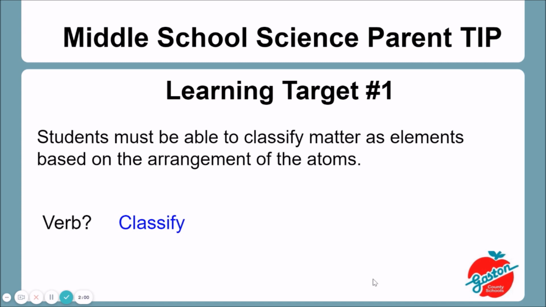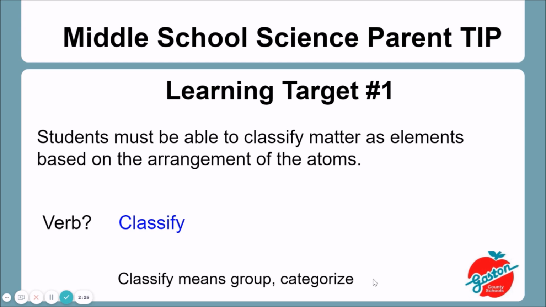What does classify mean? Classify means group, categorize. So focusing on this verb classify, your child needs to know how to group and categorize something. In this case, classify elements based on specific atomic arrangement.